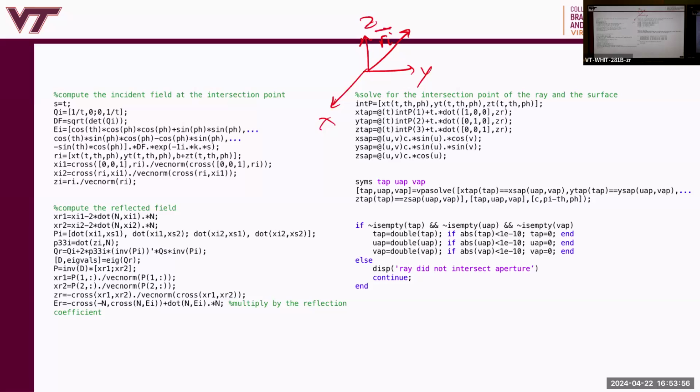Take the cross product of Ri and Z. That gives you a vector which is what? Orthogonal to the RZ plane. All right? Then, the other one, we just cross X1 with Ri. That gives you a vector orthogonal to that vector. Okay, go through the code, you'll see.